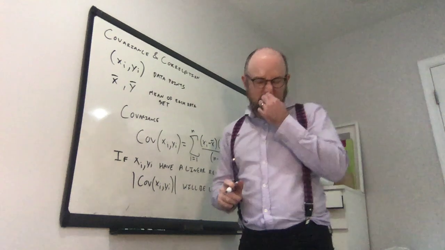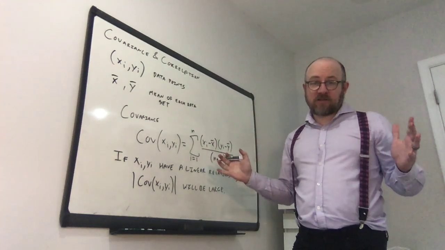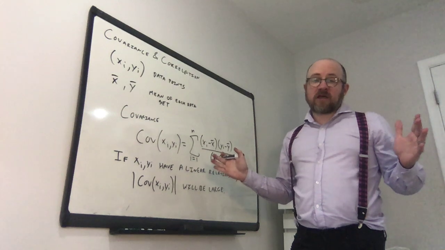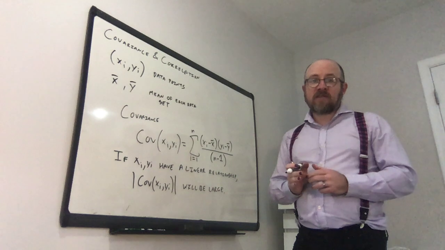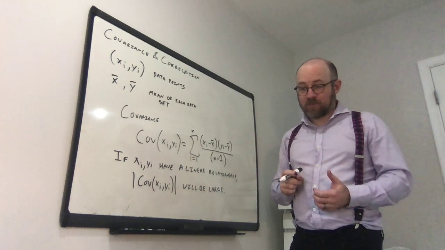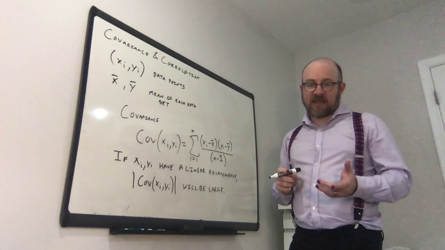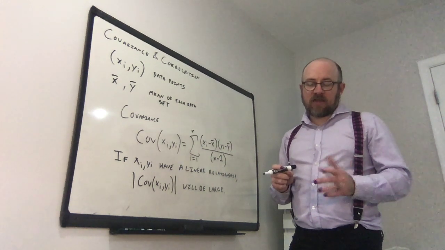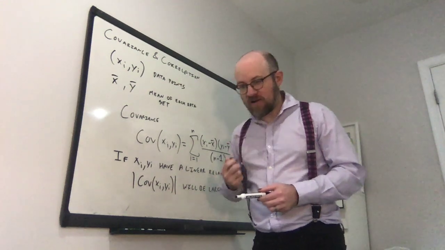So if you calculate this, you'll get a large covariance if there's a linear relationship. If the absolute value is small, close to 0, then there's not really a linear relationship between the two. I'll do a calculation in Excel in this video so you can see how this works and get the covariance.